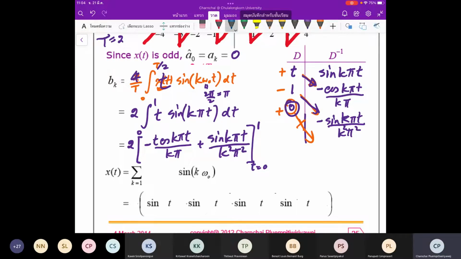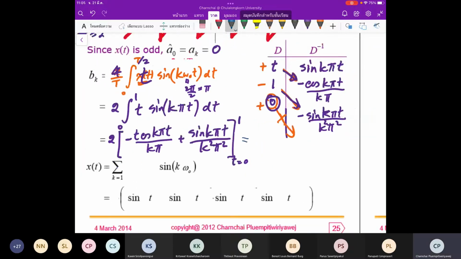Go ahead and do this. What do we have? 2 times, when t is 1, negative cosine k pi over k pi, minus when t is 0, which gives 0, since t is 0.